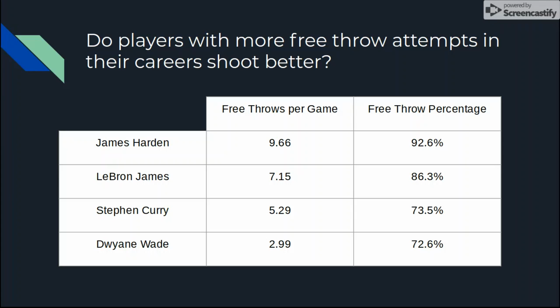But free throw percentage doesn't exactly correlate with how many free throws they take, as LeBron James had a significant amount of free throws per game, but not a very high free throw percentage.